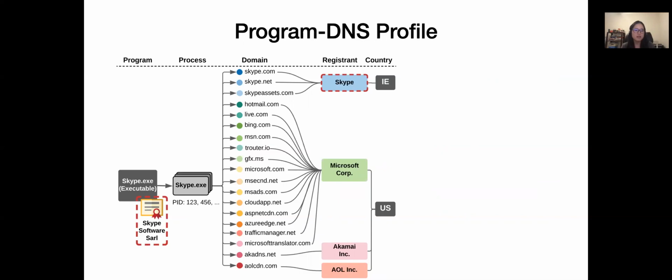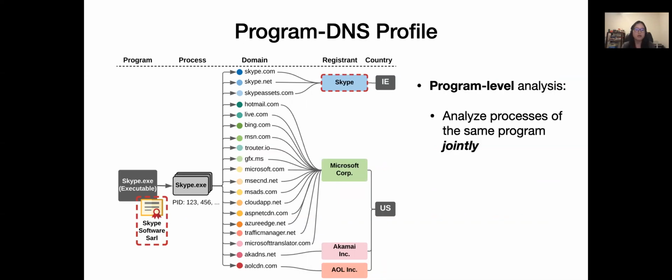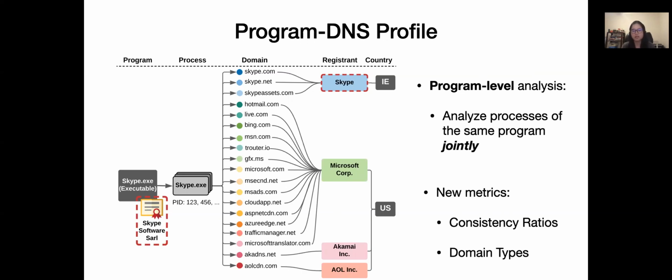And finally, there are just 2 countries where the domains are registered. So here we are performing program level analysis where we analyze processes of the same program jointly across different times, users, and machines. And in order to quantify the Program-DNS profile, we also developed 2 groups of metrics, the consistency ratios and the domain types, which we'll talk about in the next couple slides.